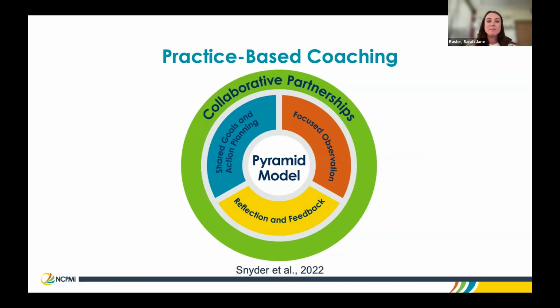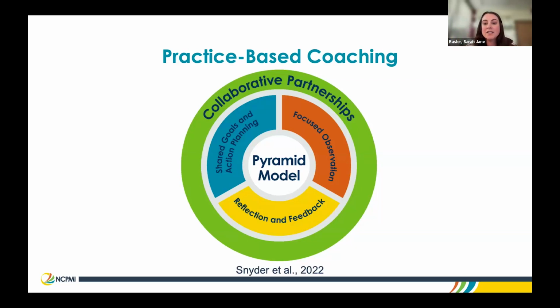All right, so just to make sure that we're all on the same page about the model of coaching that this resource was designed for, we utilize practice-based coaching, or PBC as we call it. And it's a content-ready model, which means that no matter the practices that you put in the middle or that are the focus of coaching, you have a set of practices that you are focusing on.